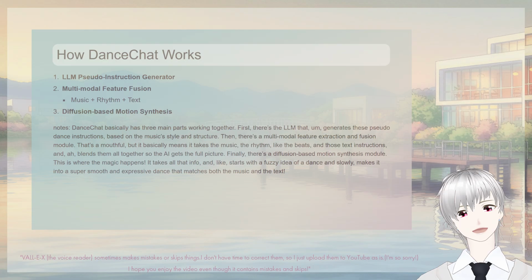Finally, there's a diffusion-based motion synthesis module. This is where the magic happens. It takes all that info and turns the fuzzy idea of a dance, slowly making it into a super smooth and expressive dance that matches both the music and the text.